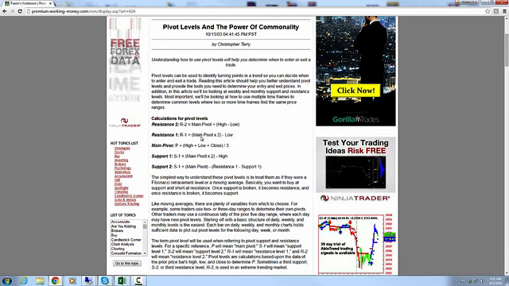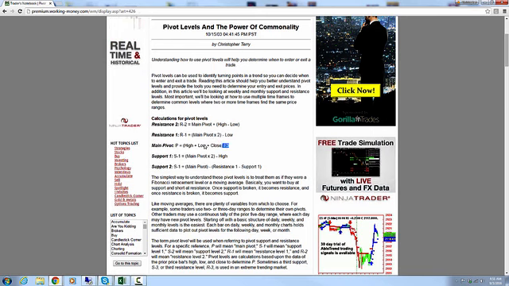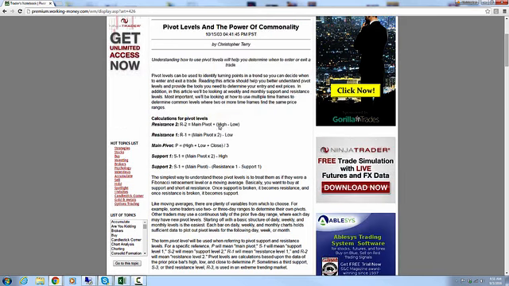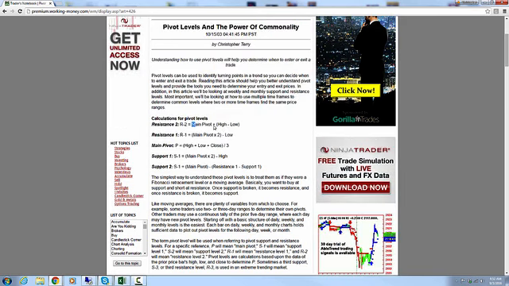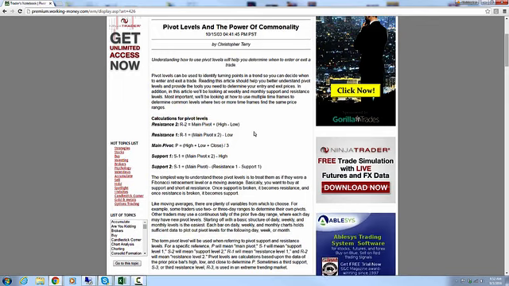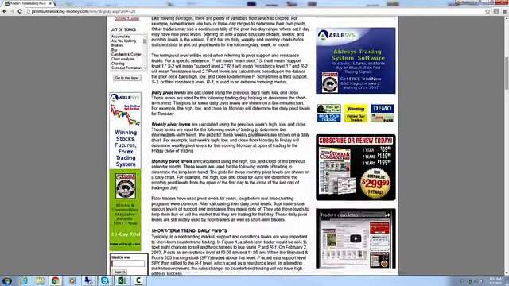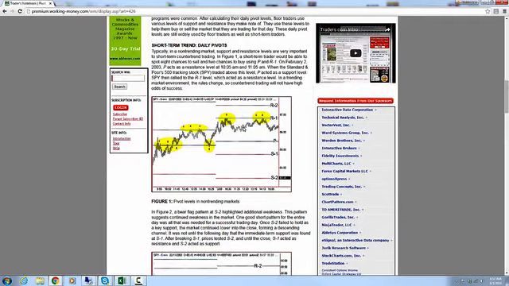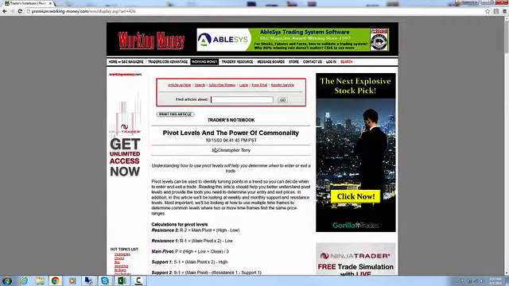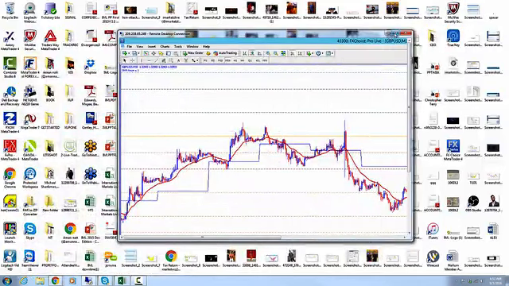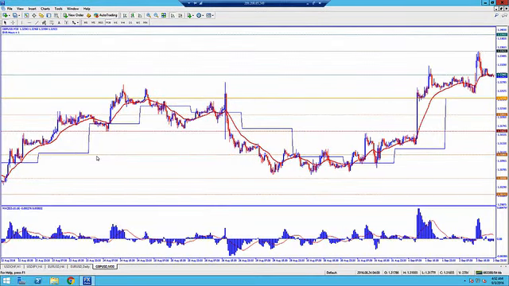Then resistance is the main pivot, which was created here, minus the low. And the next one is the main pivot plus high minus low. I would suggest if you really have an interest in learning about pivot points, go back to this article, then install the indicator, and then start following it. But it's not something I use on a day-to-day basis.